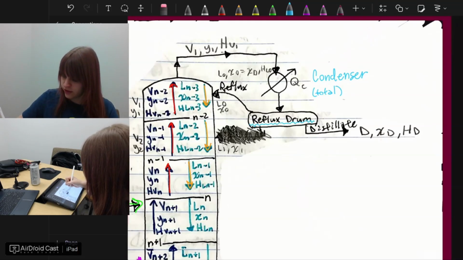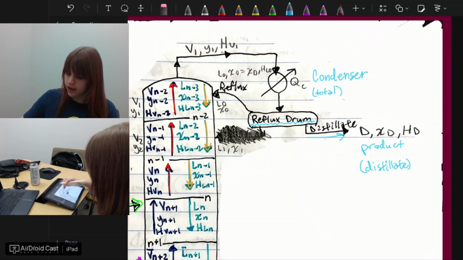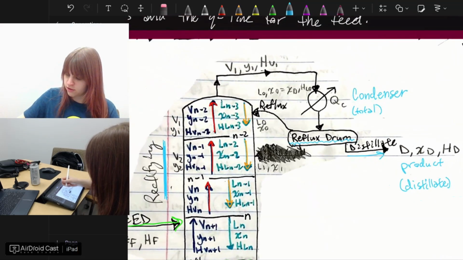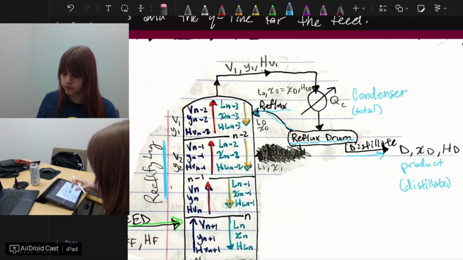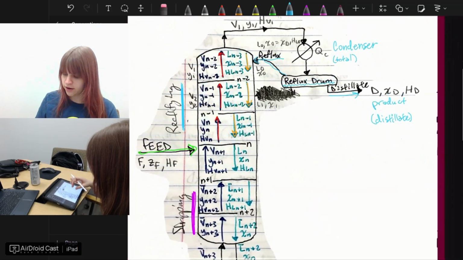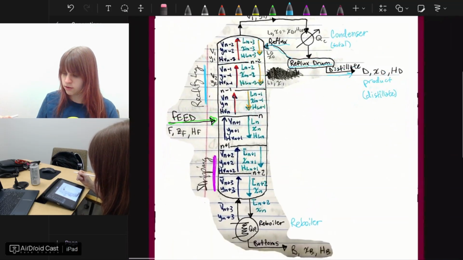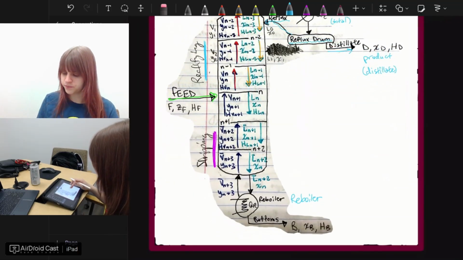A certain percentage of it flows out into the product that we call the distillate, and a portion of it is refluxed back into the column, and it'll continue to interact with the other components that are still flowing through the system.